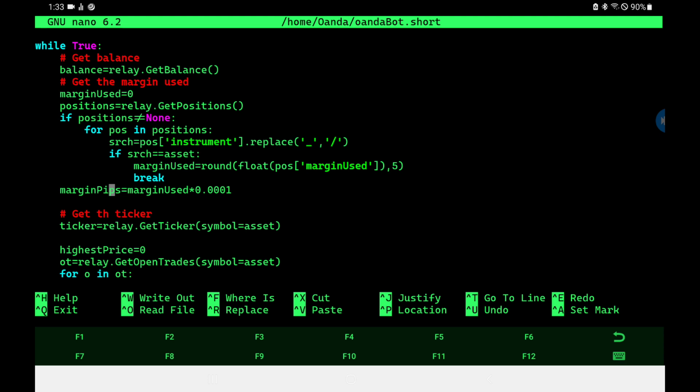We can actually slow down purchasing as we consume our margin. We have a nice way of controlling risk built right into the entire process. So that's what margin pips does, is it gives us that space.